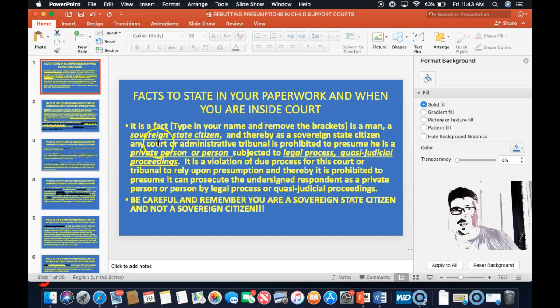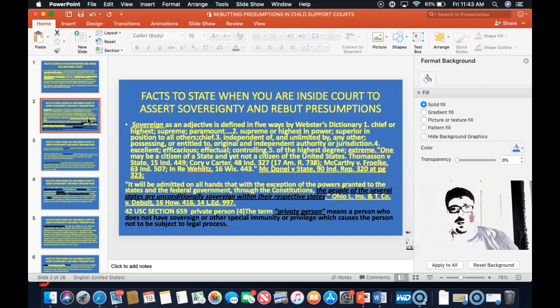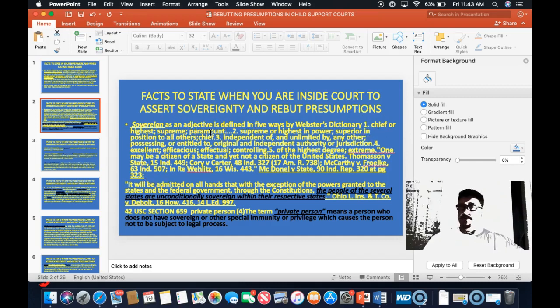So all of these here, the next slide is the footnotes. A sovereign as an adjective is defined in 5 ways by Webster's dictionary. 1, chief or highest, supreme, paramount. Supreme or highest in power, superior in position to all others. Well, who are all others? Obviously you're going to be higher than a surrogate judge or a judge.